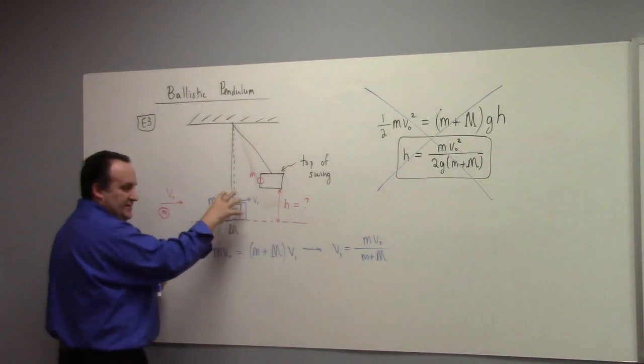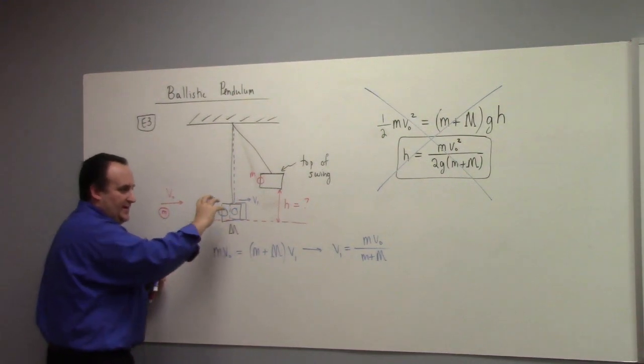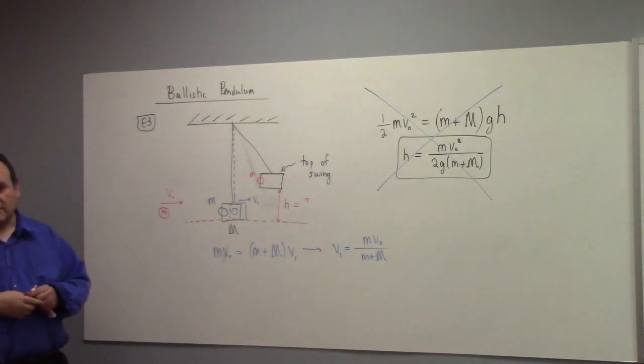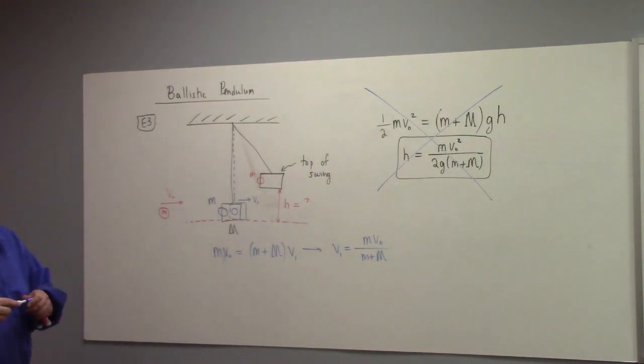Once the collision's done, once the bullet's embedded, then I have a swing. I swing the pendulum up. That's a conservative process, assuming there's no friction in the joint of the pendulum or whatever.